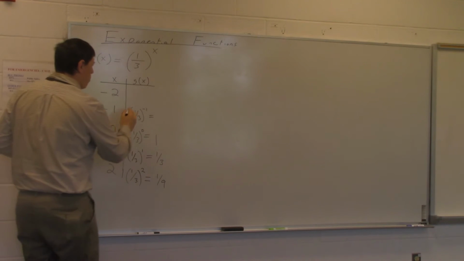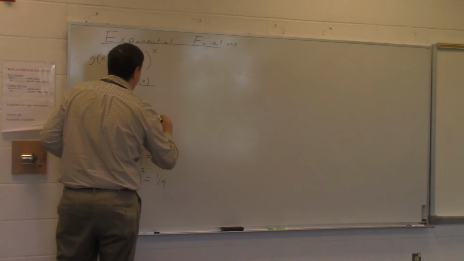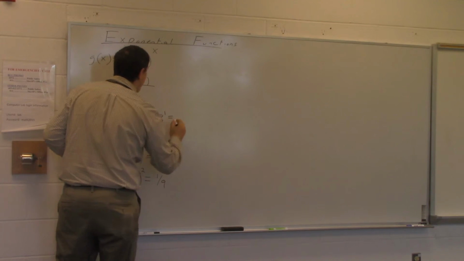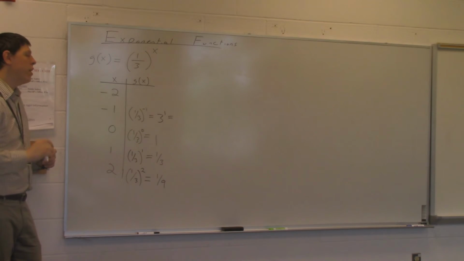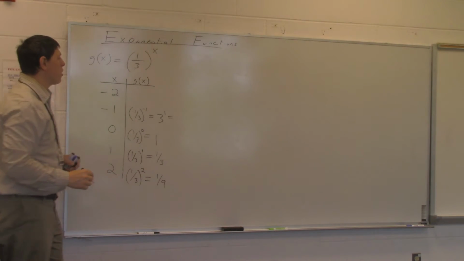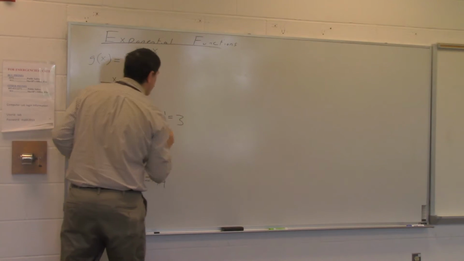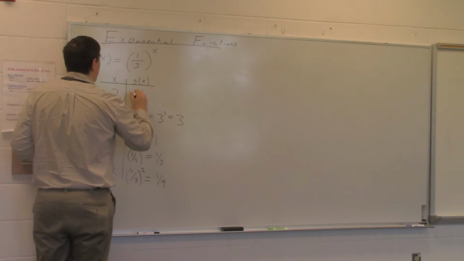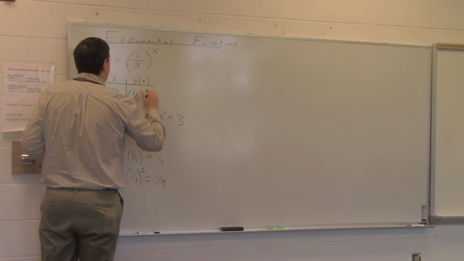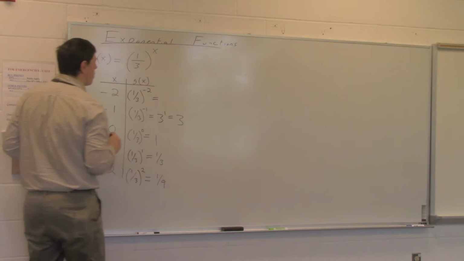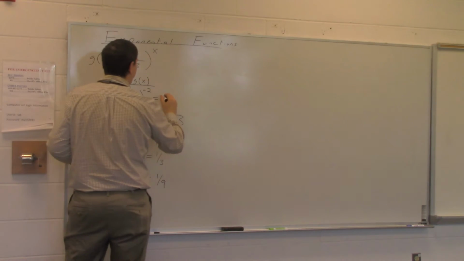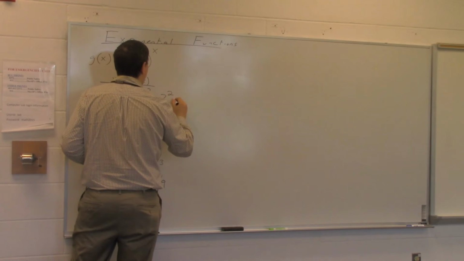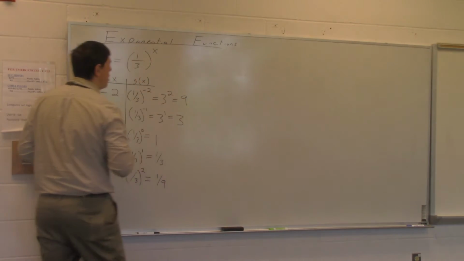So this 1/3 to the -1 really becomes 3 to the first, since the reciprocal of 1/3 is just 3 over 1. 3 over 1 is 3. 3 to the first is 3. And then finally, 1/3 to the -2. You're going to flip over your 1/3. It's going to become a 3. The negative drops off, and that just becomes 9.